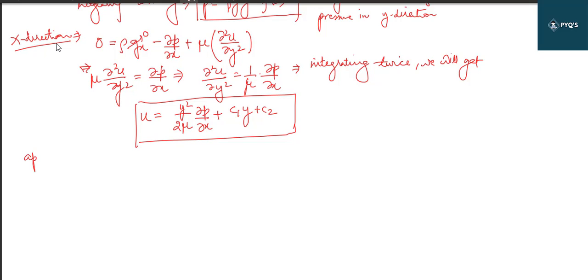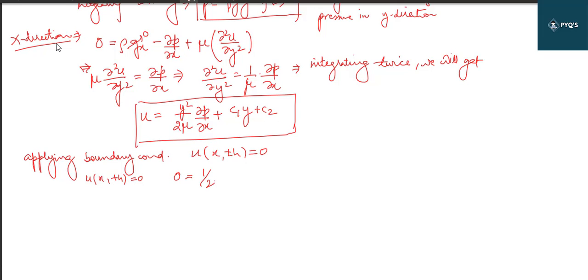Now applying the boundary condition, u at y equals plus or minus h equals 0. First, at y equals plus h, I get 0 equals 1 by 2 mu del p by del x into h square plus c1 h plus c2.